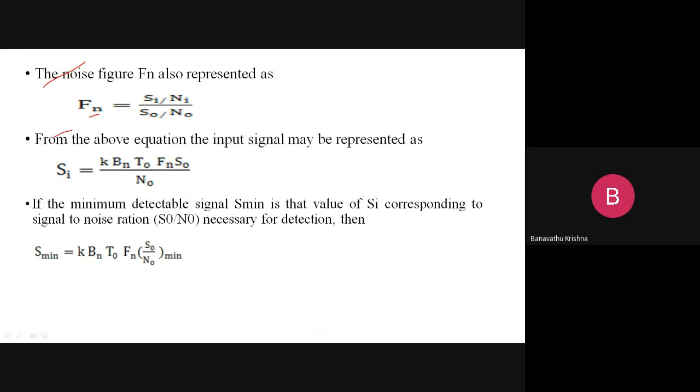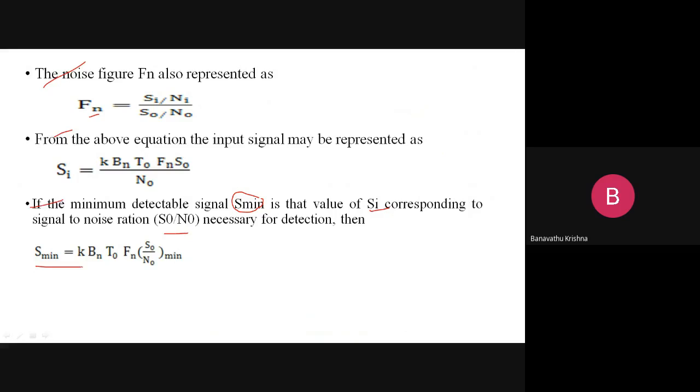From the above equation we can find the input signal Si equals k Bn T0 Fn (So/No). The minimum detectable signal, Smin, is the value of Si corresponding to the signal to noise ratio So/No necessary for detection.